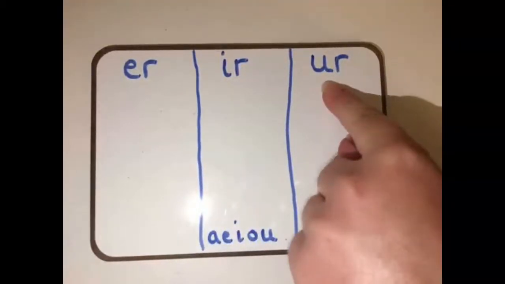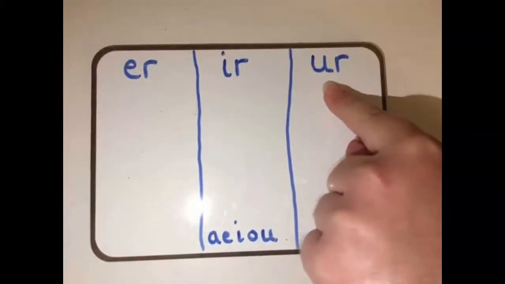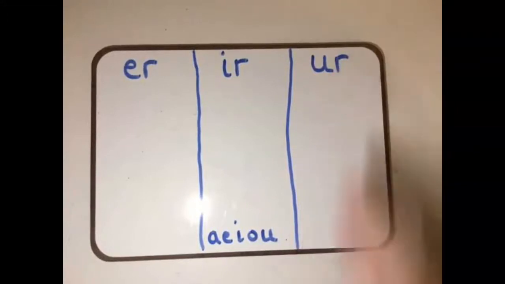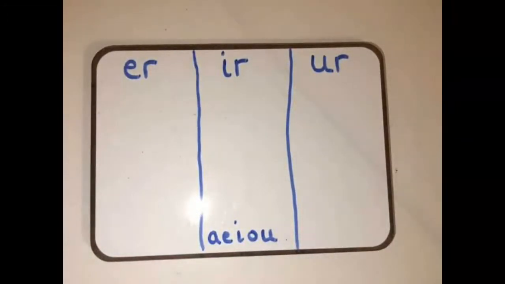And UR is the sound of nurse, okay? So they all say the same sound and sometimes it can be difficult to know which one to use in a word. So one of the things we do is we just kind of play with words a little bit and we practice them from time to time, like we're about to do today.